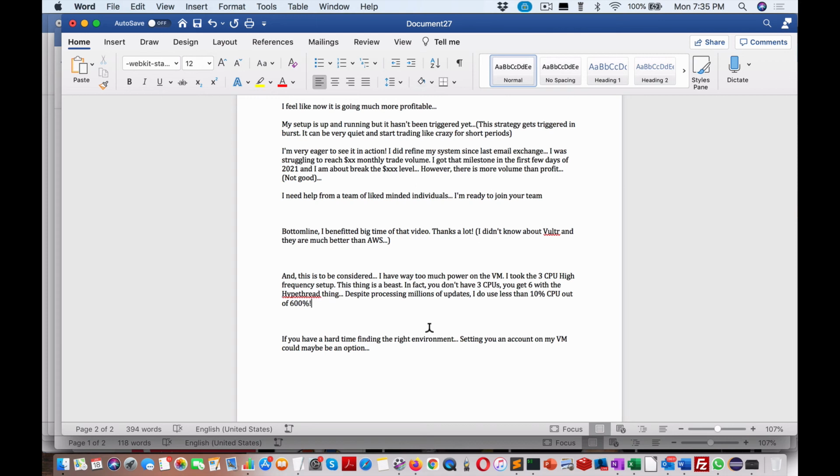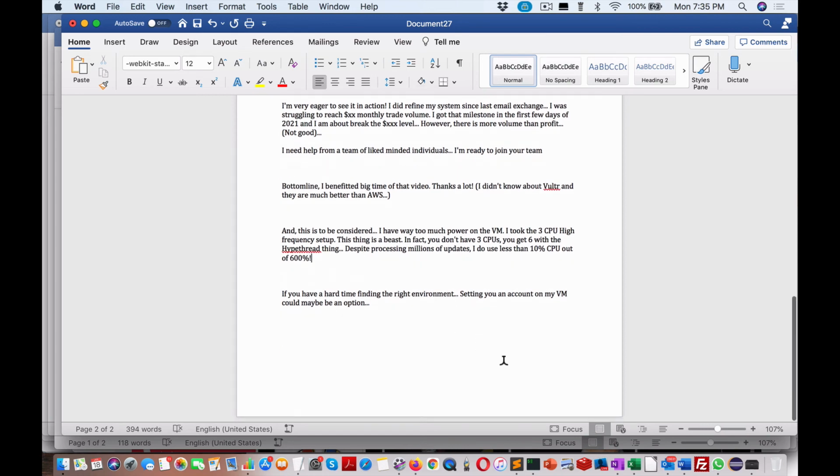You can go all the way up to 8 core or 8 servers for like, I think it was $80. It's unreal. Despite processing millions of updates, I use less than 10% CPU of the 600%. So like the one he's specifying here, I think it's $20 a month. It's so cheap. If you have a hard time finding the right environment, setting up your account on my VM could maybe be an option.